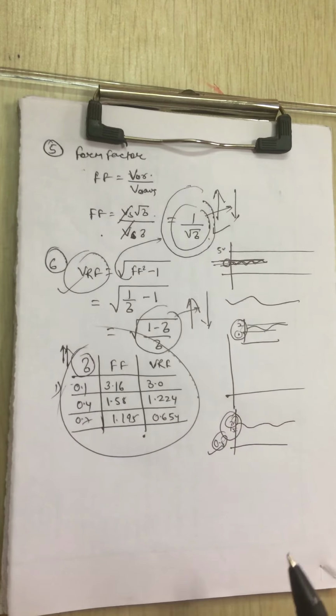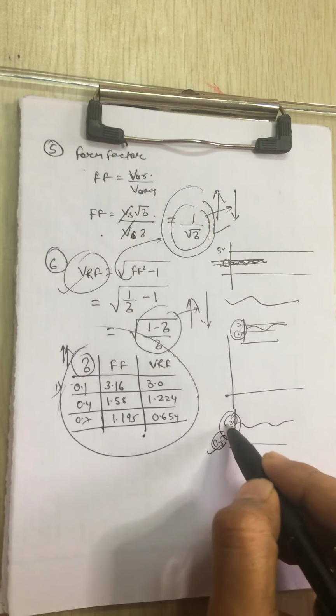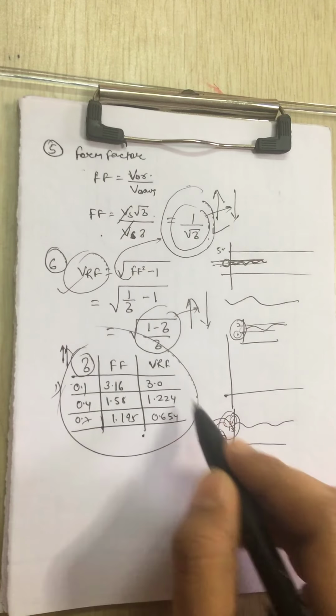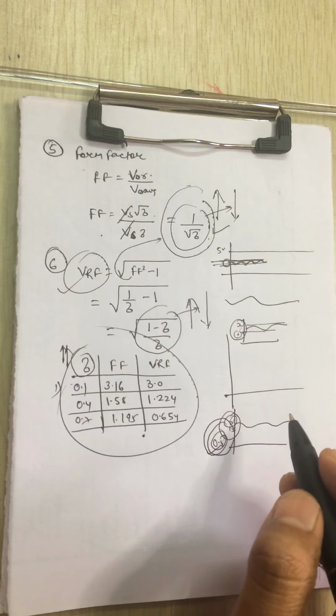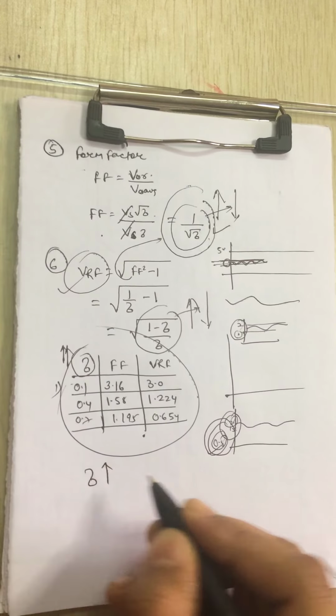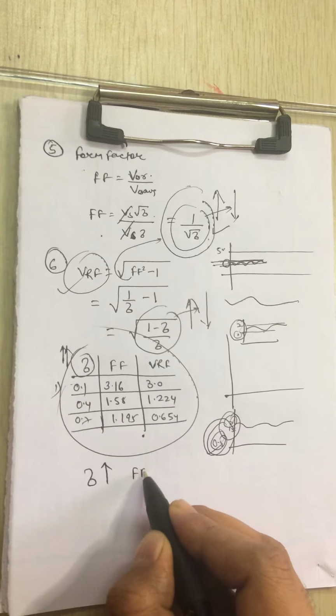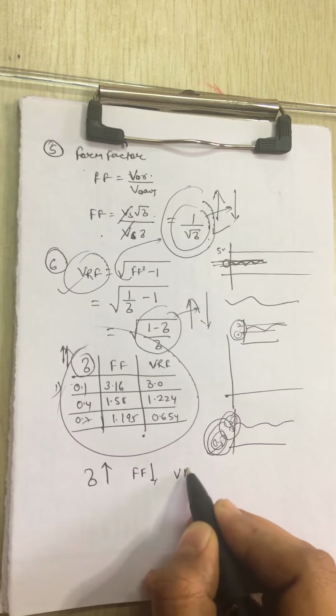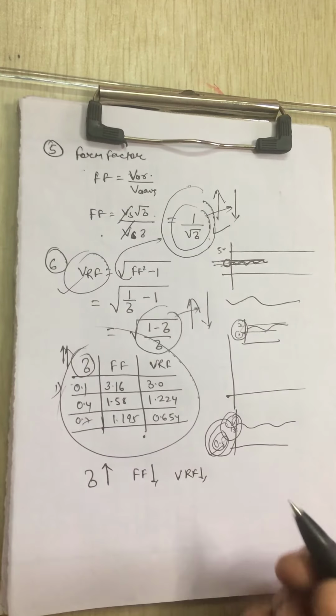So if you increase the value of delta, there will be a reduction in the voltage ripple factor as well as the form factor. If you increase delta, the form factor is going to decrease and the voltage ripple factor is also going to decrease.